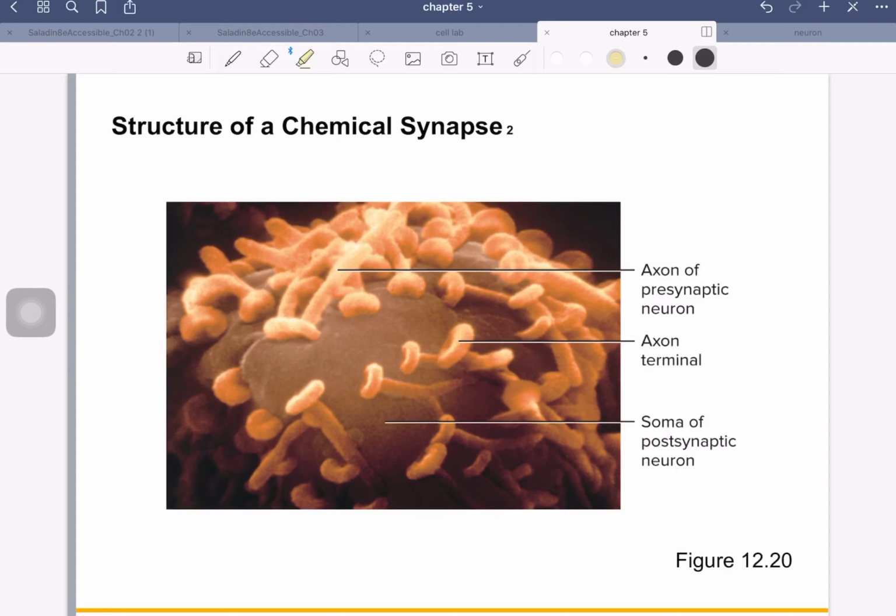Now, let's remind ourselves, as we had in some class discussions when we were chatting, that it's very typical that a postsynaptic neuron will actually be interacting with a whole number of presynaptic neurons, and that gets back into the concepts of summation, in terms of spatial and temporal summations.